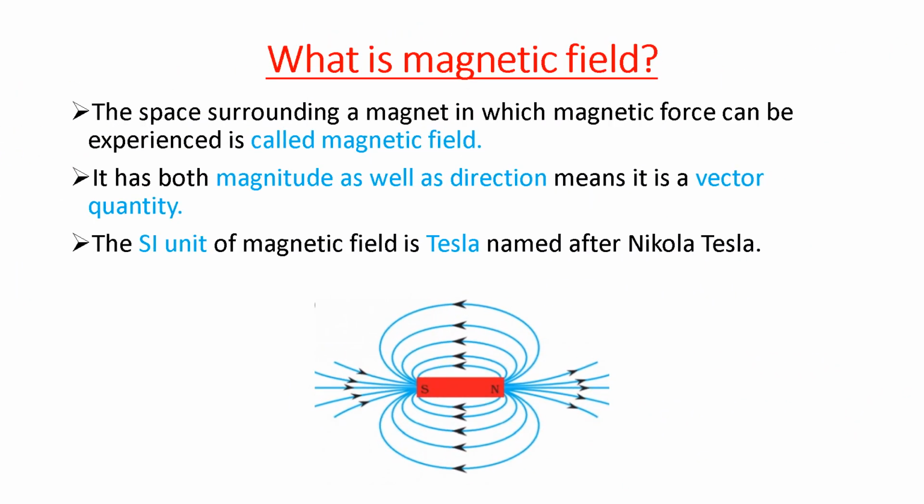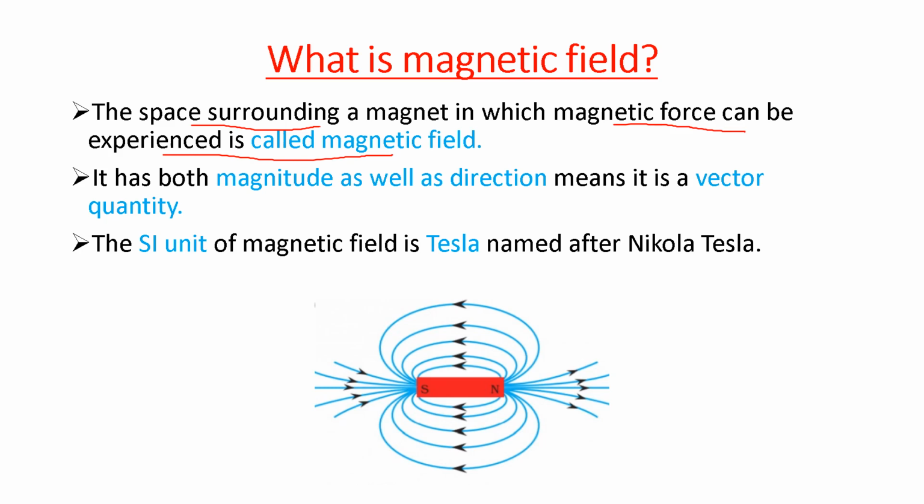Now let's see what is a magnetic field. As we know, a magnet has an ability to apply a force even from a distance, but it has a certain region around it till where it can apply the force, and that whole region is known as the magnetic field. The definition says that the space surrounding a magnet in which magnetic force can be experienced is called the magnetic field.